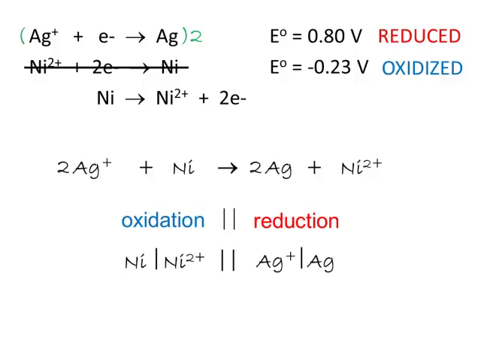And 2, there should always be a solid electrode on either end of line notation, both at the beginning on the left and at the end on the right. If you don't have a solid electrode listed on each end, something's not right.